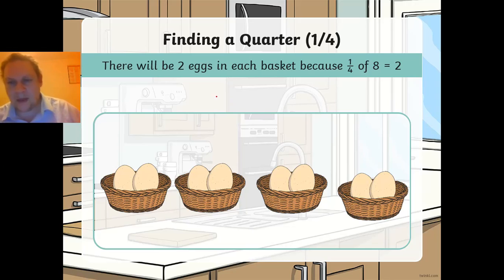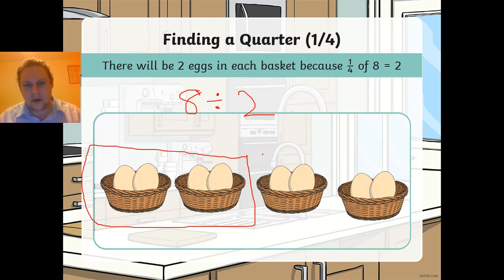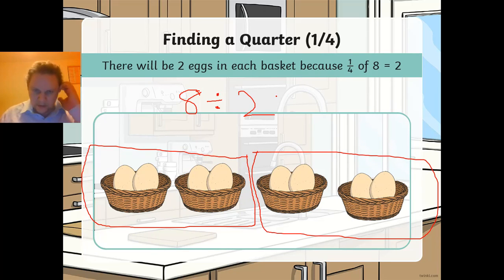All right, and the other way that we can work that out, like we said, if we have 8, we halve it. Now when we halve, we can divide by 2, can't we? Half is the same as dividing by 2, to create 2 equal groups, because that's what we're doing. When we divide by 2, we're creating 2 equal groups. So 8 divided by 2 is 4.